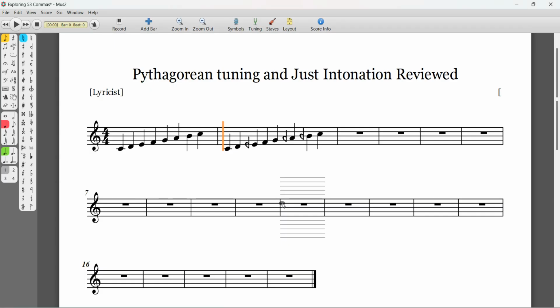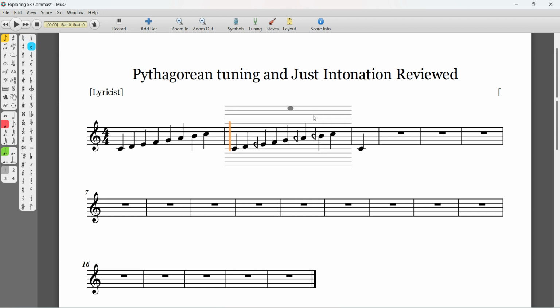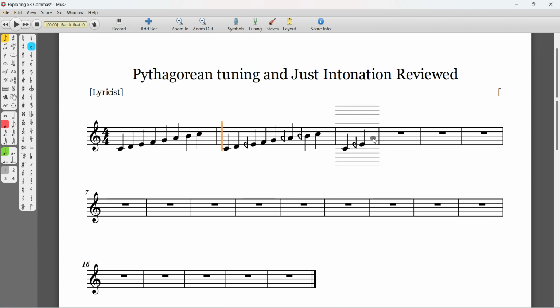So it's very similar, but we can get it in just like this and get only a 1 comma flat on the notes here.